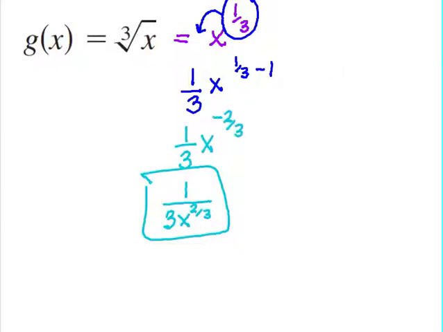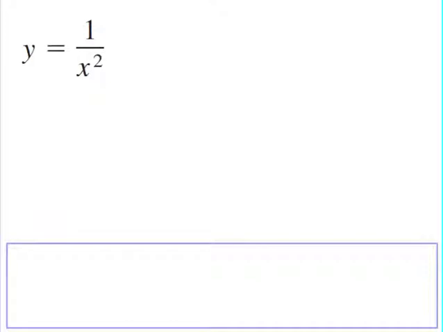With that in mind, I want you to look at this one. I will tell you right now, the answer is not 1 over 2x. What did we do on the previous slide?